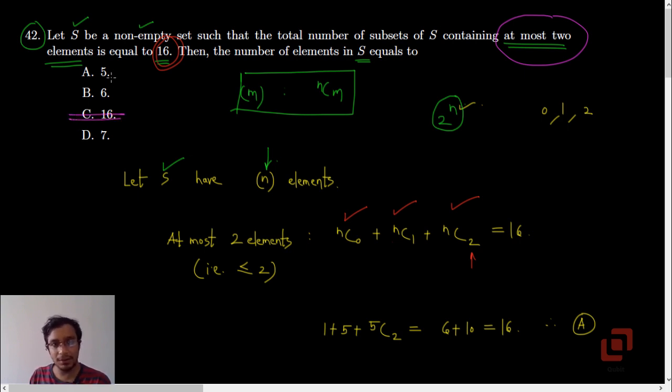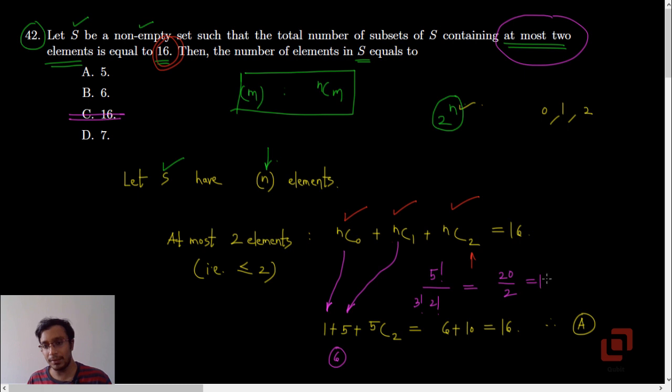So we'll start with 5. 5C0 is 1 because nC0 is 1 always. 5C1 is 5. So this is now 5 plus 1, 6. So there is some hope. And if you calculate 5C2, 5 factorial upon 3 factorial into 2 factorial, that will be 20 upon 2 or 10.